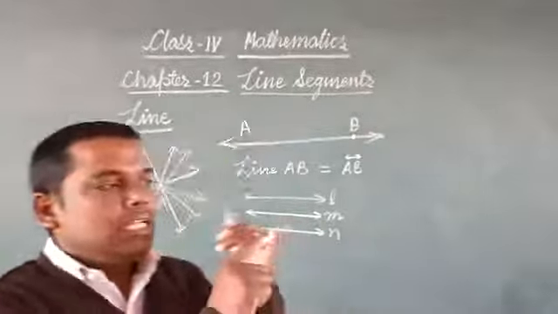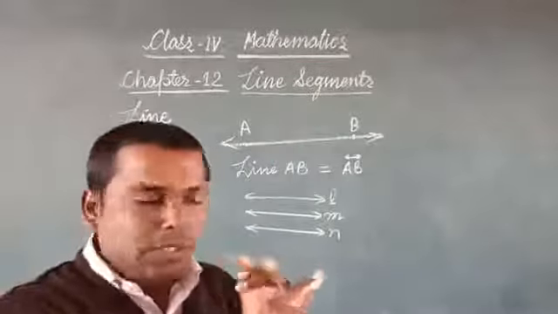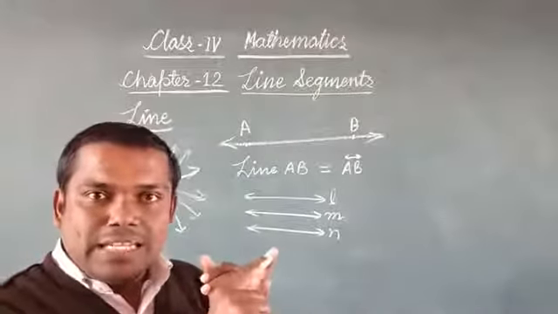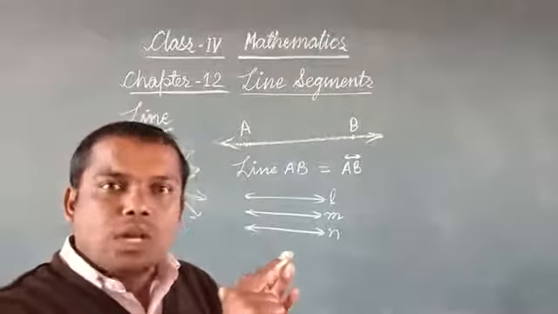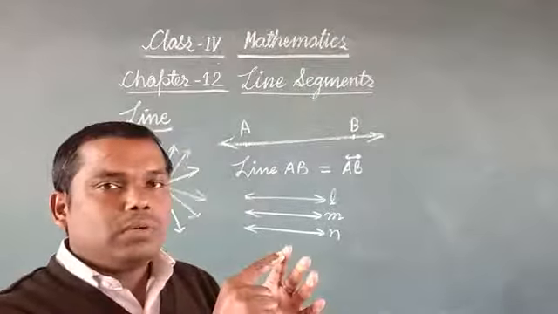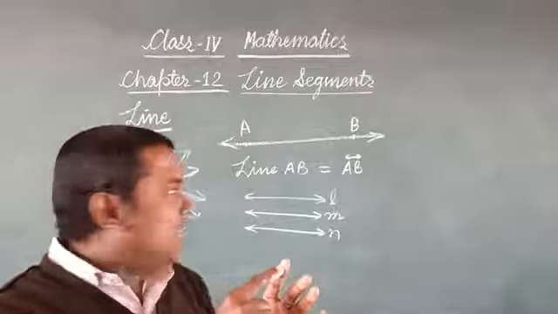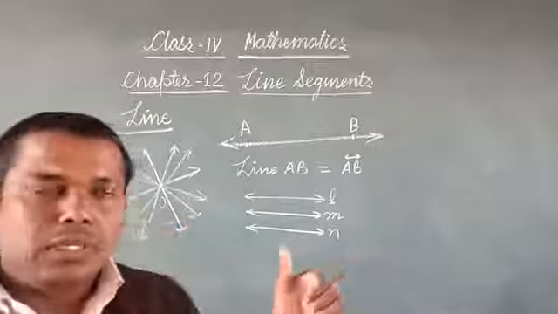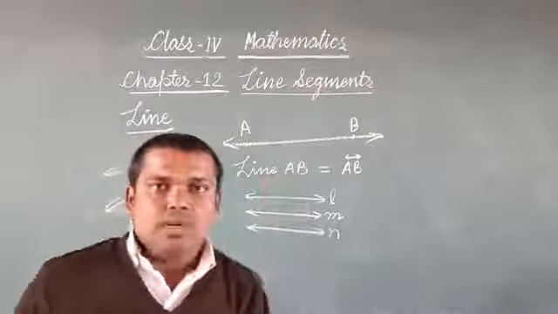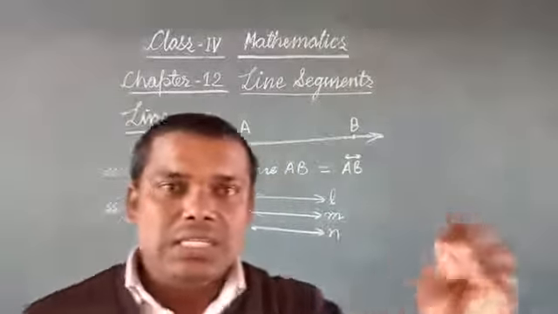The first one, it cannot be drawn completely on a piece of paper. Second, it does not have any end point. The third one, we can draw the model of a line. The fourth one, from a point we can draw an infinite number of lines. And the fifth one, an infinite number of points lie on a line.